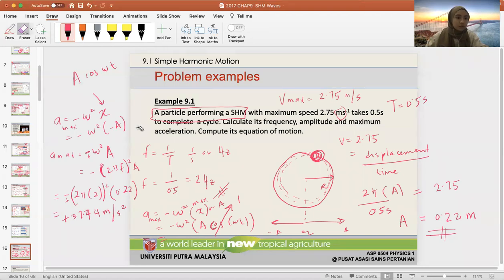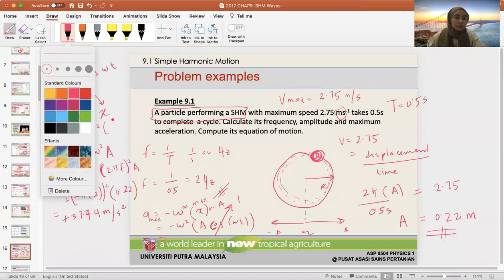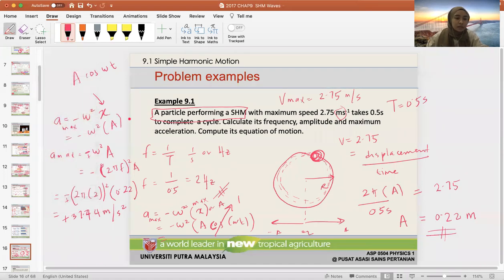So even if you decide not to look at the graph, you decide the maximum displacement for x is A, so you get minus omega squared A. But you know that acceleration goes negative, positive, negative, positive. So you say the final answer is positive omega squared A. Whatever that value is, you give me a positive answer. I accept it because you know that it oscillates back and forth.